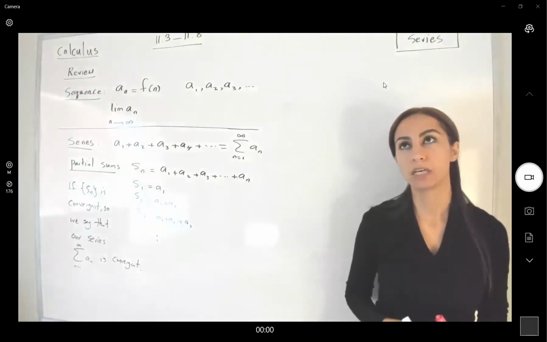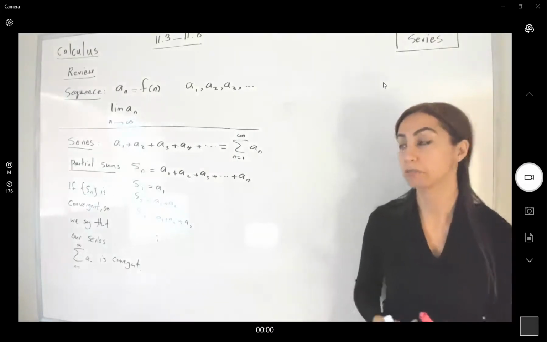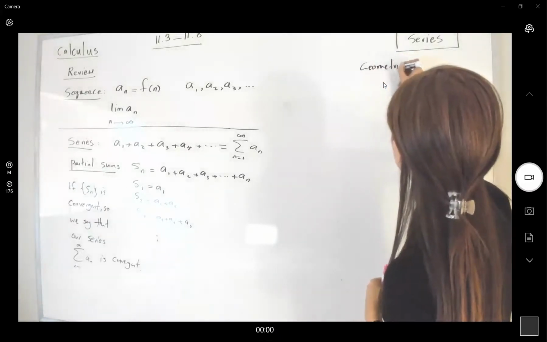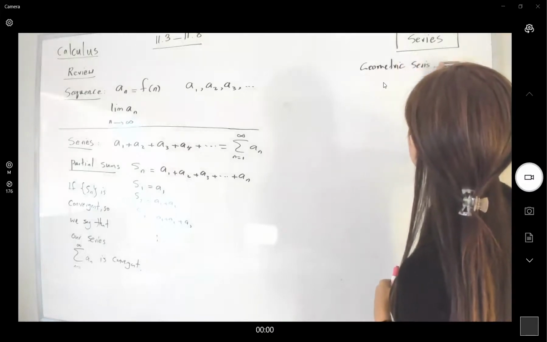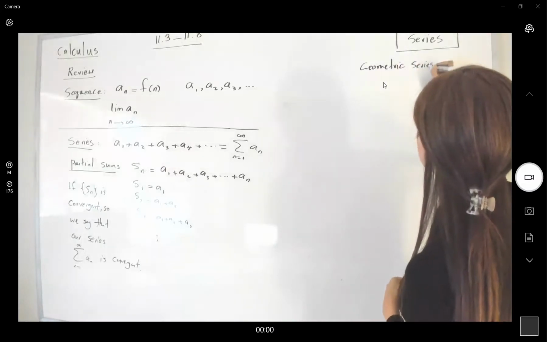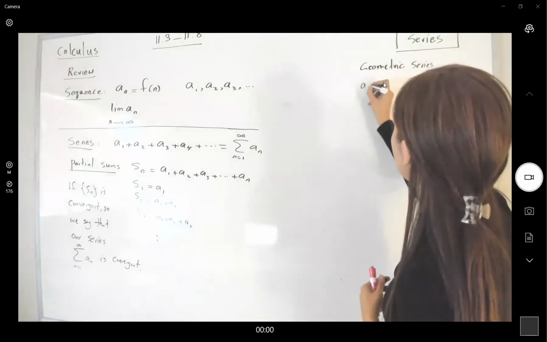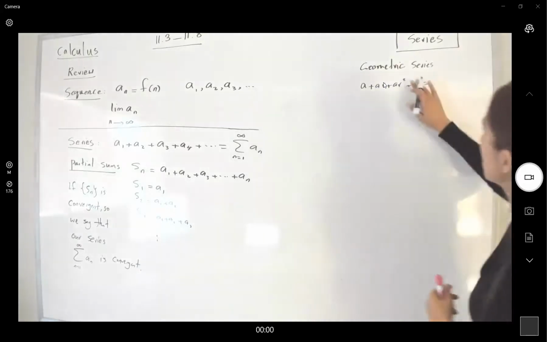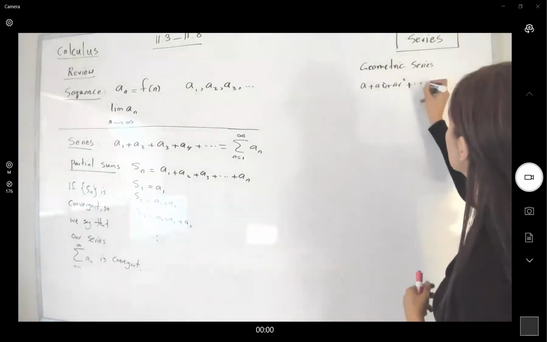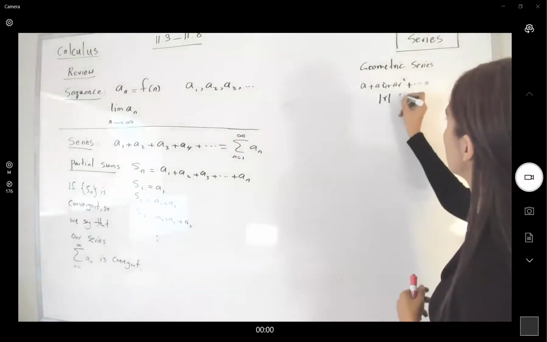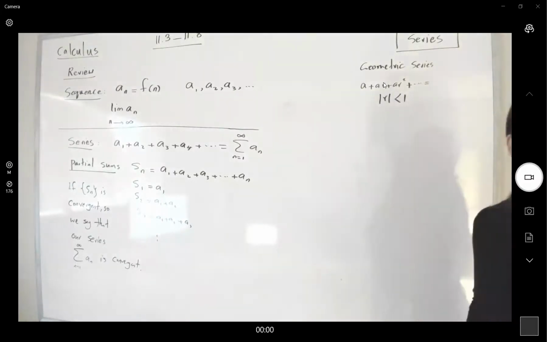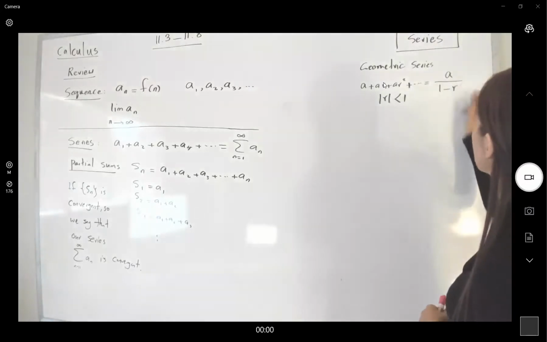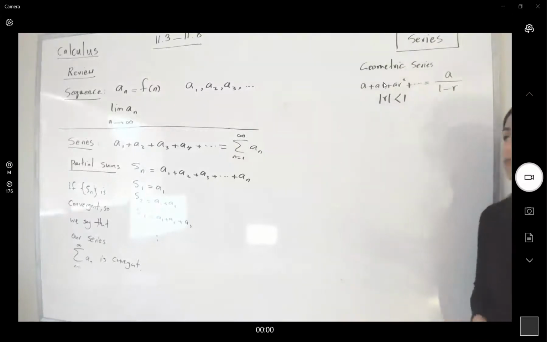For example, a geometric series: a plus ar plus ar squared plus and so on. If the absolute value of r is less than 1, we have a convergent series, and it converges to a divided by 1 minus r.